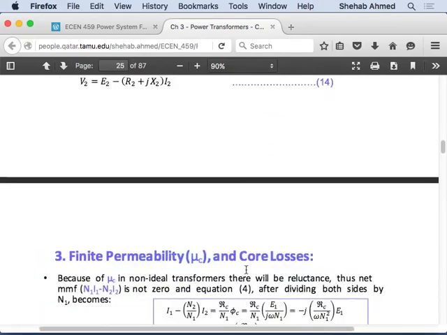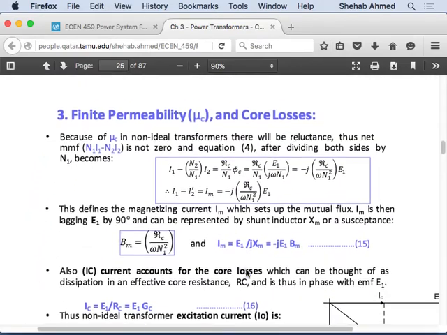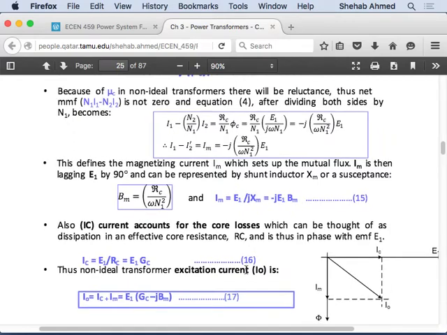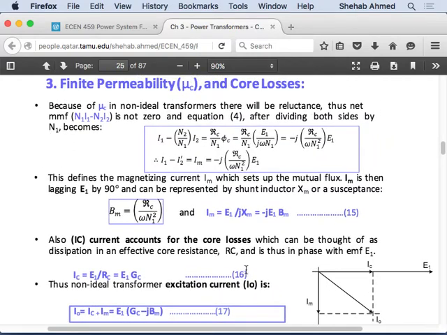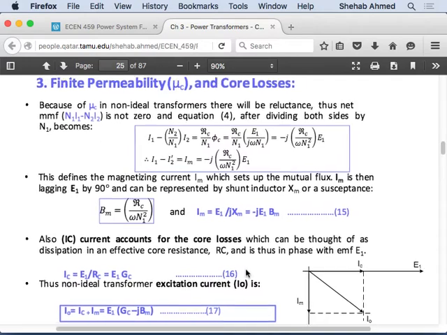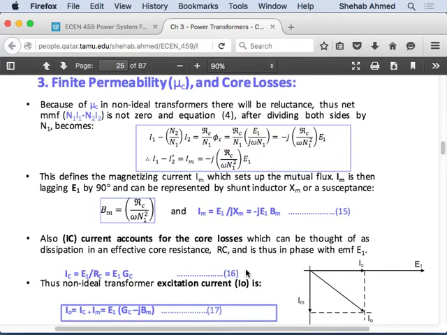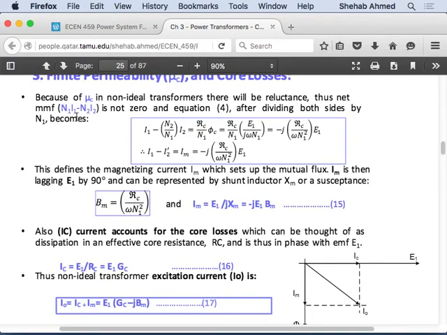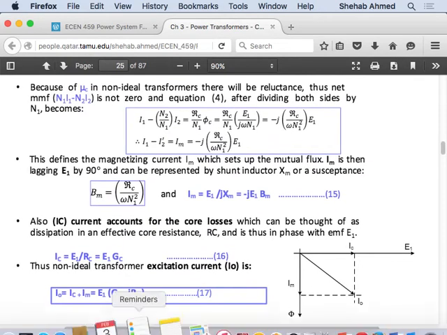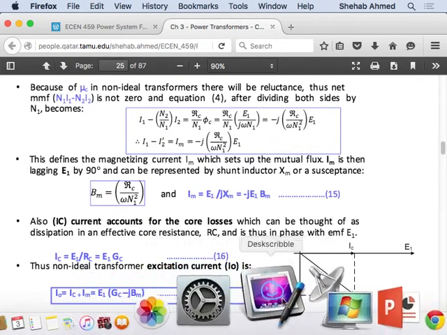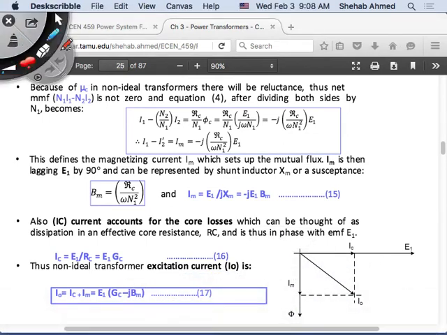We talked about that. And then, what does this say? Here we're just calculating the value of this parallel branch, the magnetizing branch. Starting from, we know that the magnetizing current is equal to N1 I1 minus N2 times I2, right?